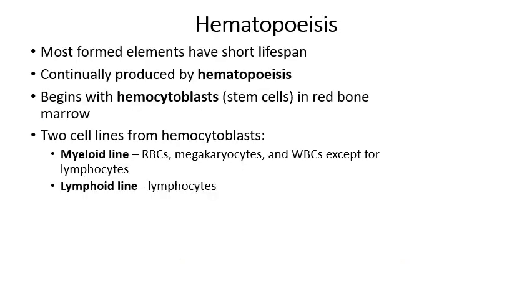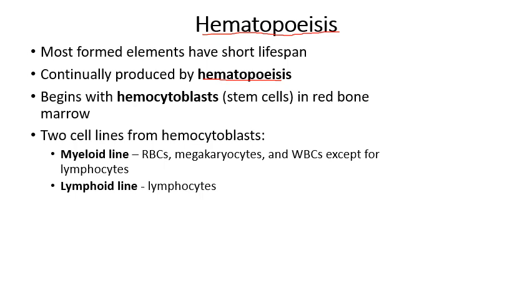So our red blood cells have a short lifespan. They don't go out in the blood and stay there for a lifetime. They get used up, they get old, and they get broken down. So we have a process, hematopoiesis, which is the making or production of the blood cells, continually produced.